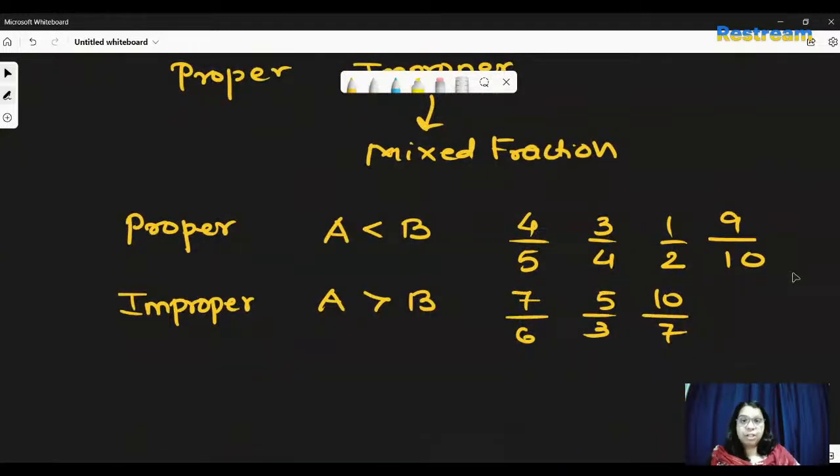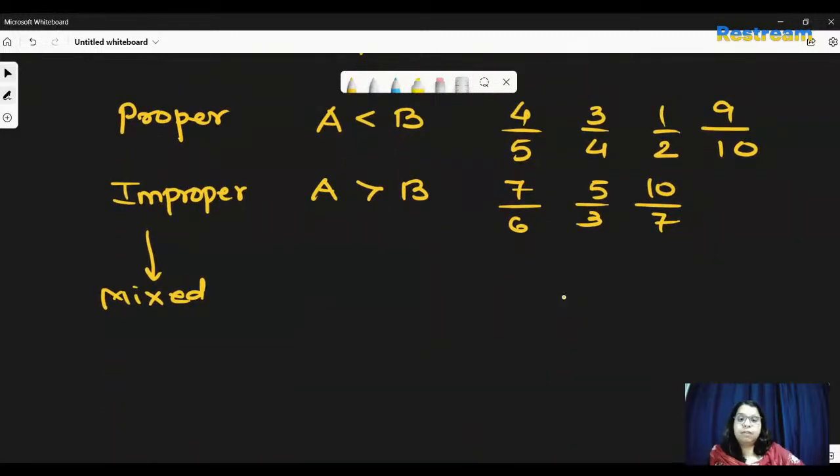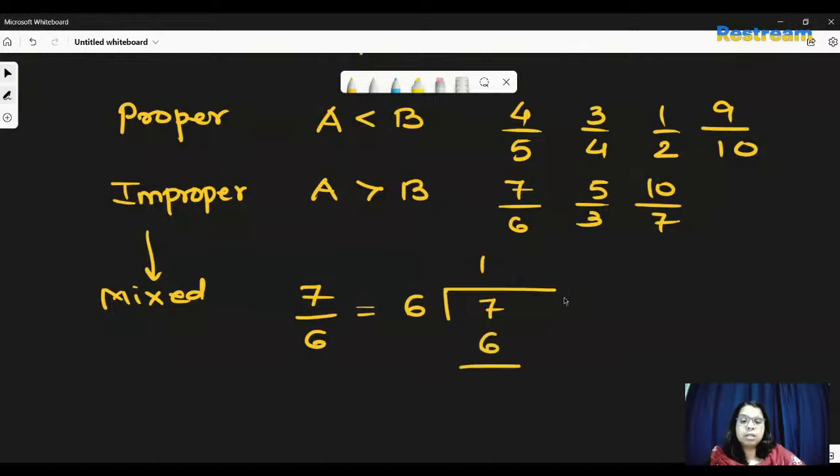Now an improper fraction can be converted into something called a mixed fraction. How do we do that? Let's take our fraction 7 by 6. I'm going to divide 7 by 6. So it's 1 times 6, and 1 comes as a remainder.